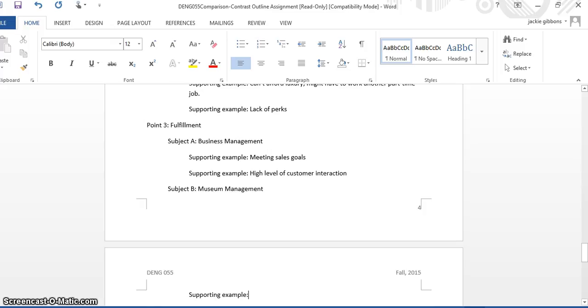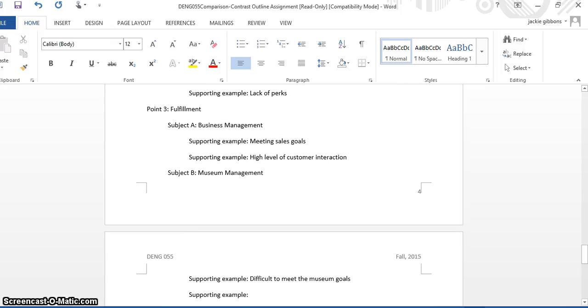That one, if you go on down to supporting example, we had that it was difficult to meet the museum goals. Maybe those goals are things like acquiring new art and having to deal with art dealers who don't want to sell.